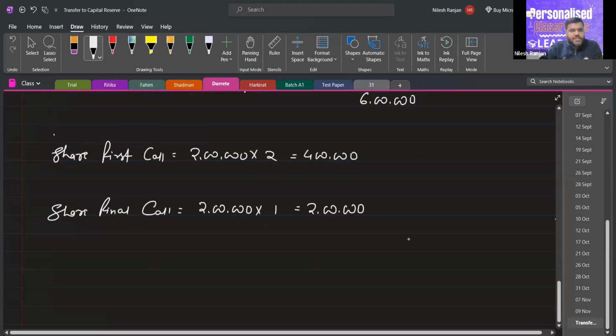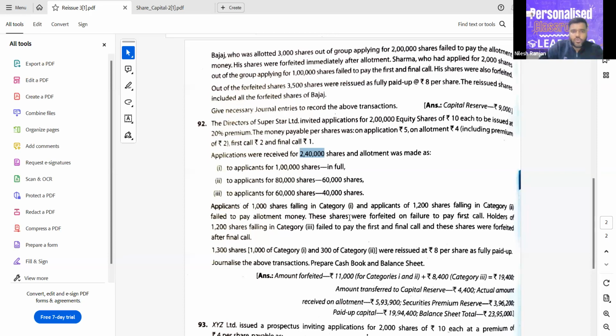Okay. So now there are 3 shareholders for which we have to do the calculation. Applicants of 1000 shares, which is related to first category, applicants of 1200 shares, which is related to second category, and a holder of 1200 shares falling in category 3.